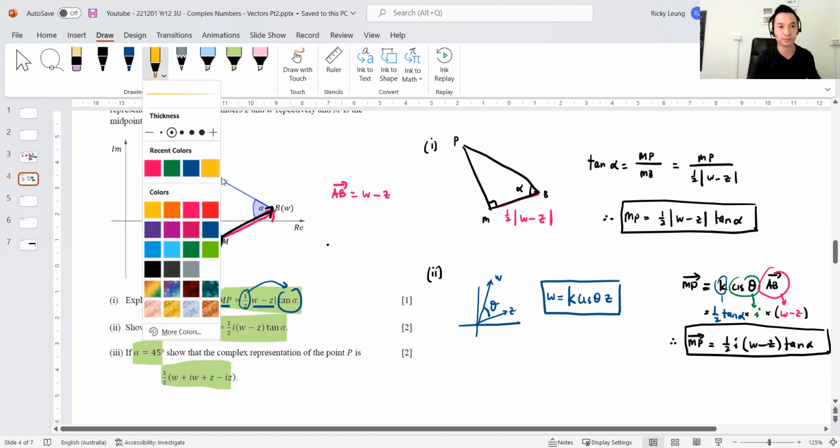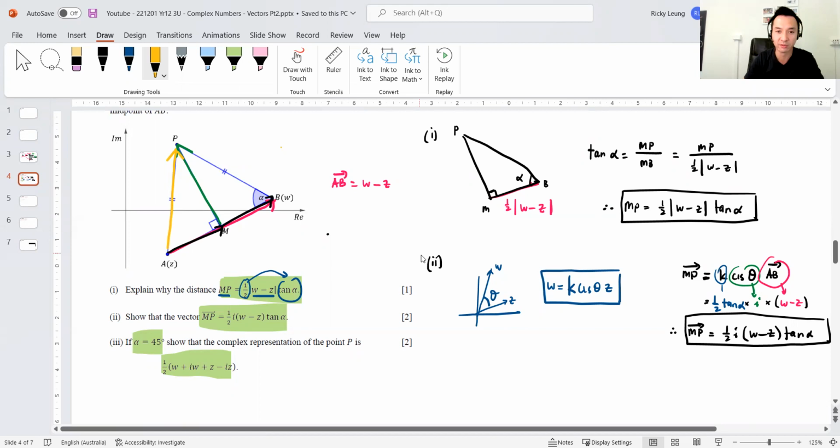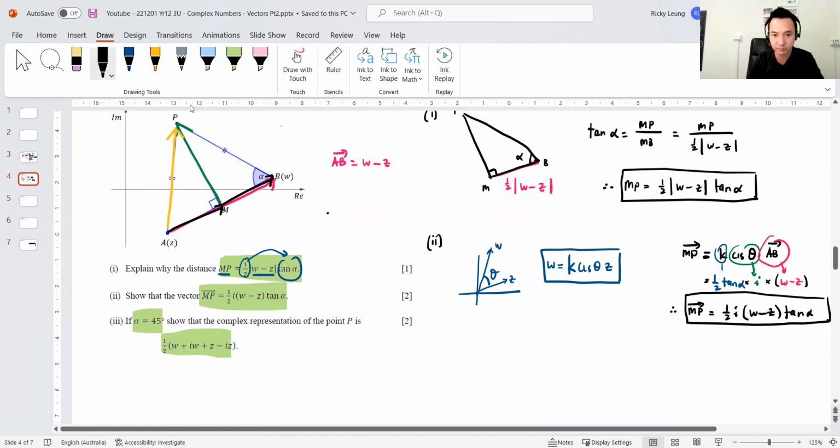Can you see yellow, AP? Yellow equals this black plus this green, and that black is the same as that black. So resolving vectors there, I've got a black vector that looks like this, I've got a big yellow one that looks like that, and I've got a green one that looks like that.